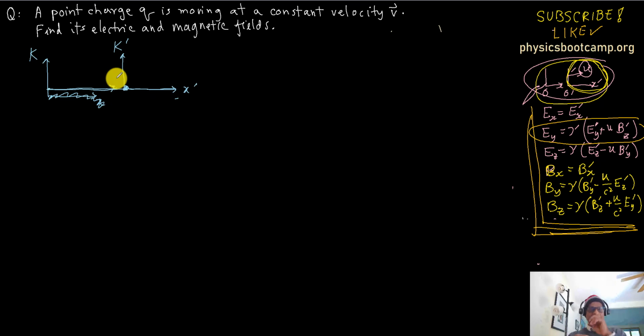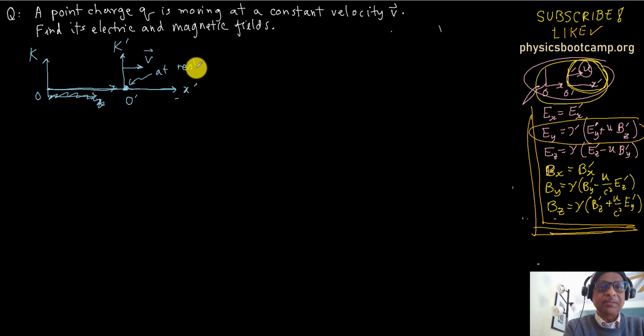The structure will be that at some point in time, O prime and O will be at the same place. That's the one we've been using, and I'm going to assign this the same velocity as the particle, so the particle will be at rest in K prime.